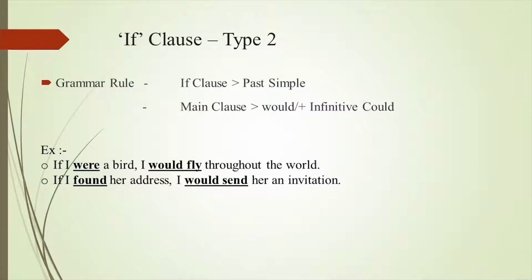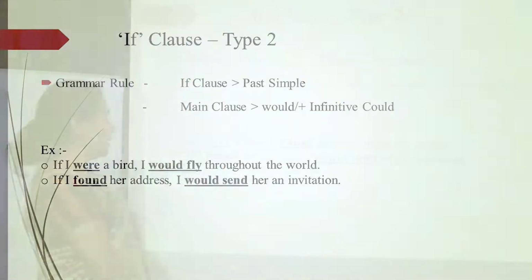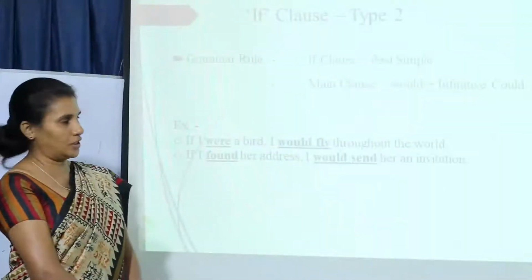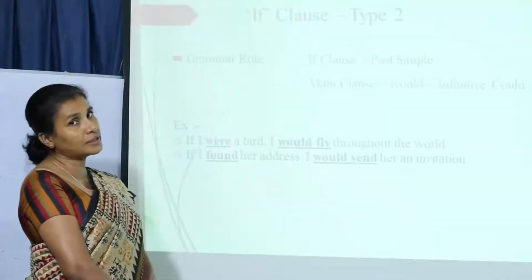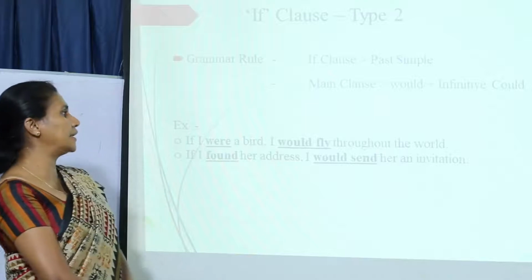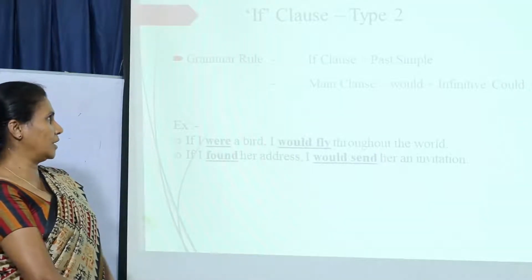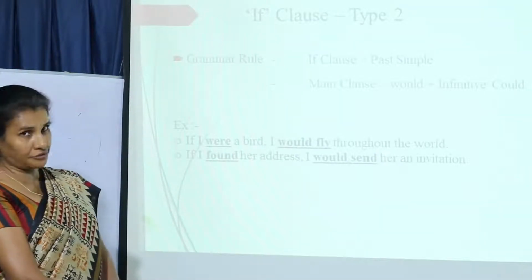If I found her address, I would send her an invitation. So, if I were a bird, I would fly throughout the world. The first one is an imaginary situation. The second one is an unlikely situation. Okay, so I hope that it is clear for you all.